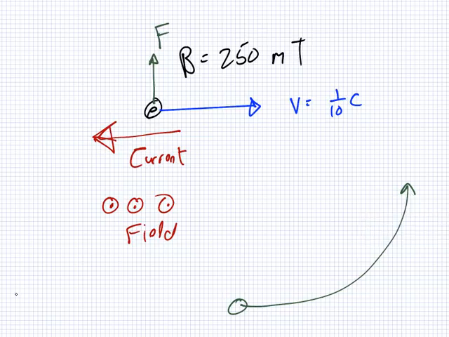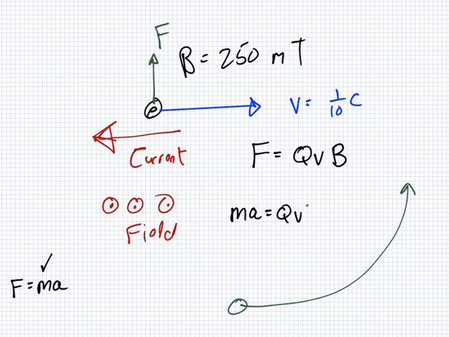Okay. So the formula is F equals ma. Do I know the m? Yes. Do I know the a? No. What formulas do I know? Well, earlier I gave you this formula, F equals Q v cross B. So if I make these equal, I get ma equals QvB.